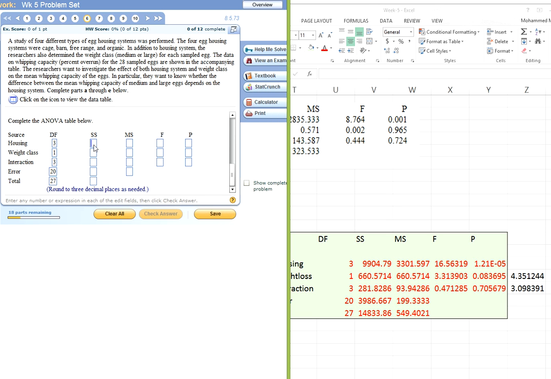Then the sum of squares is 9904.79, and then 660.571, and then 281.289, then 829.